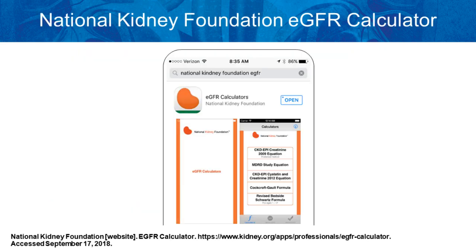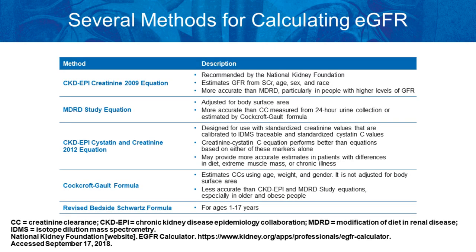As we mentioned, there are a number of ways of estimating the eGFR, but by far the best method of estimating glomerular filtration rate is the National Kidney Foundation's eGFR calculator, which is actually available as an app online for free. This is based on the CKD epidemiology equation, which you see listed at the top of this slide.